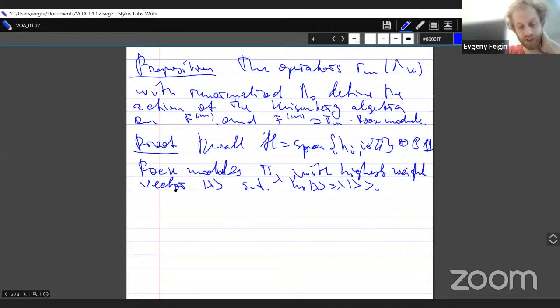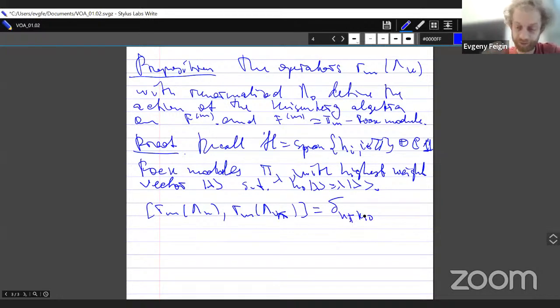Well, it was the homework problem that R_m of λ_n applied to R_m of λ_k is δ_{n+k,0} times m. So that's it.